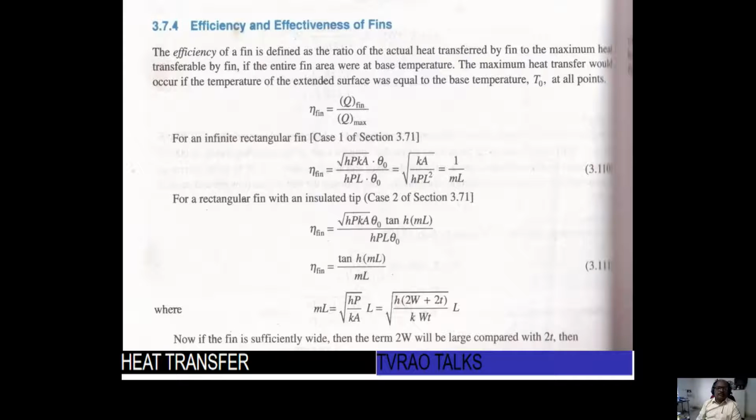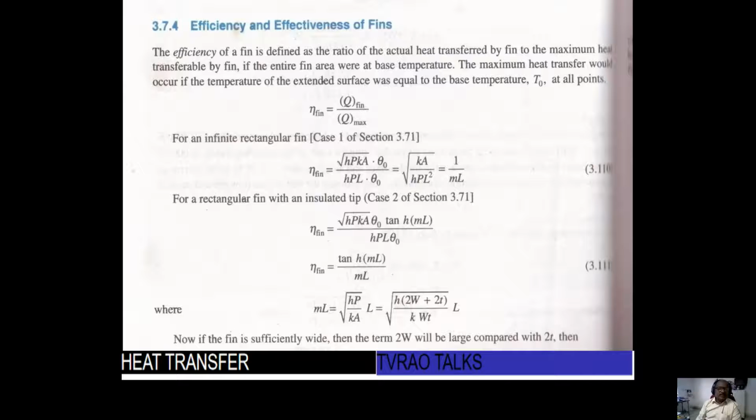If you substitute, you will get 1 by mL. So the efficiency of the fin, we can simplify it as 1 by mL. If you substitute the particular dimensions of a rectangular fin, you will get tanh mL.